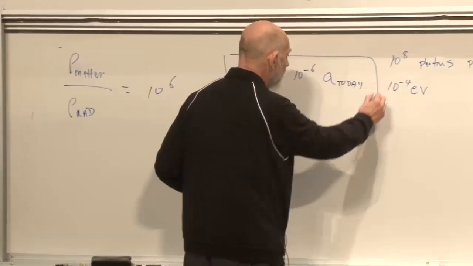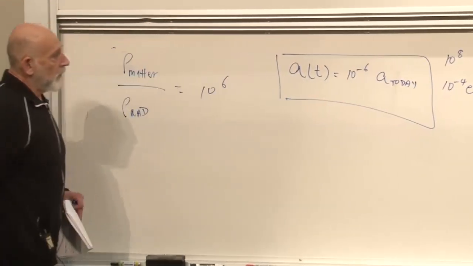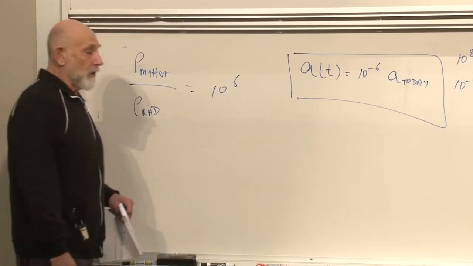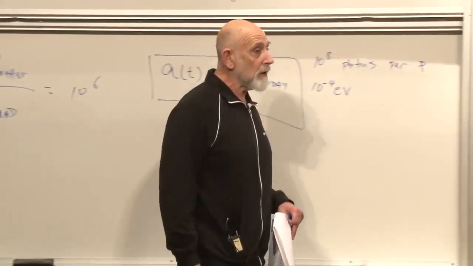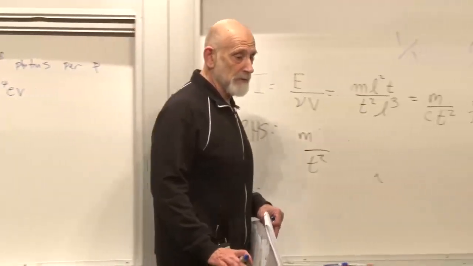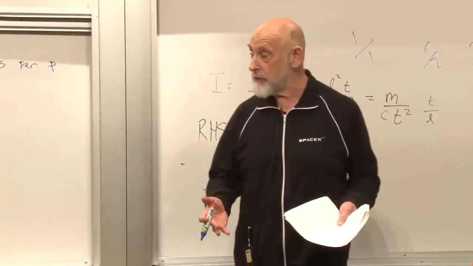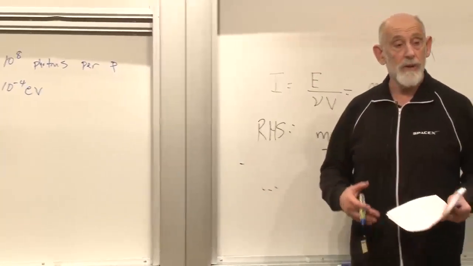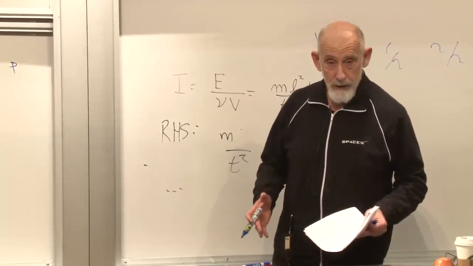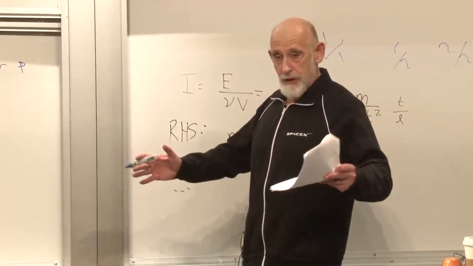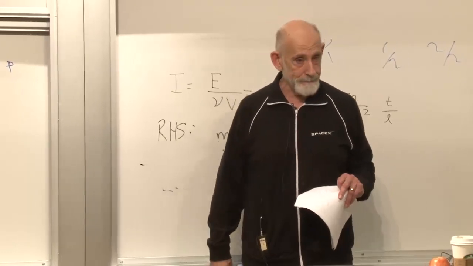So as you go backward, when the scale factor is 1,000,000 times smaller than today, in other words, when the temperature is 1,000,000 times larger than the 3 degrees, that's roughly 1,000 times the temperature of the decoupling period, when the temperature was another factor of 1,000 larger, the universe another factor of 1,000 smaller.